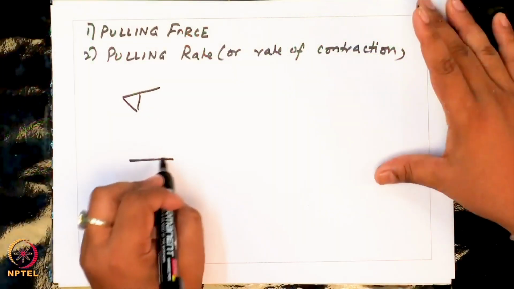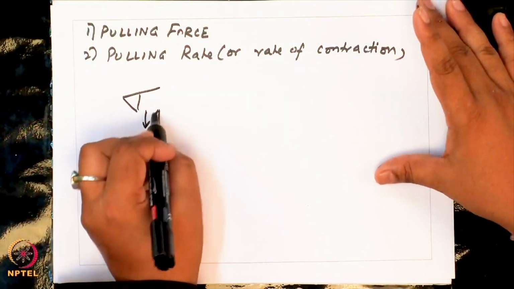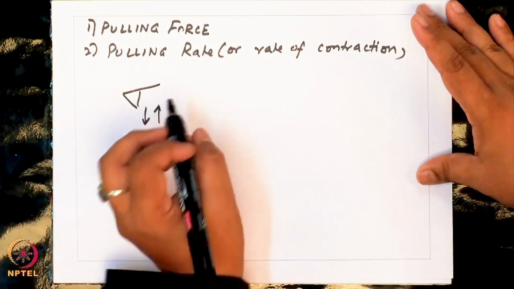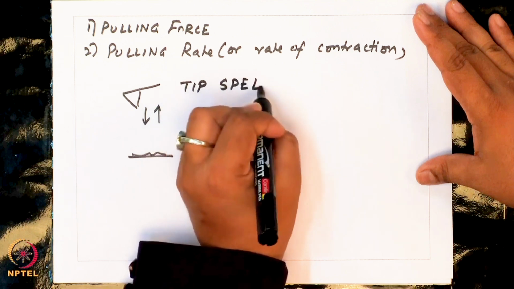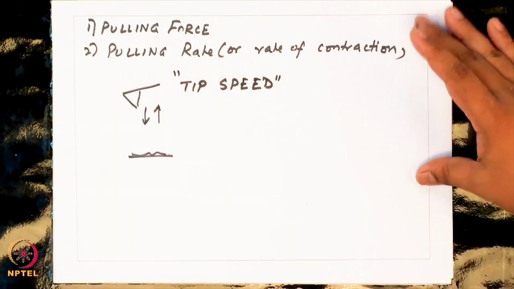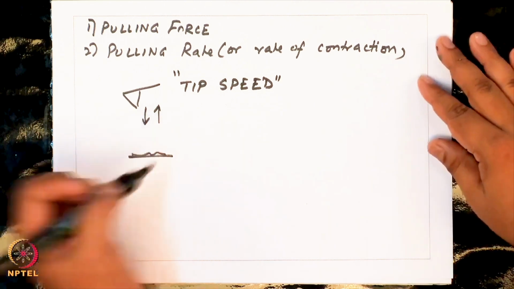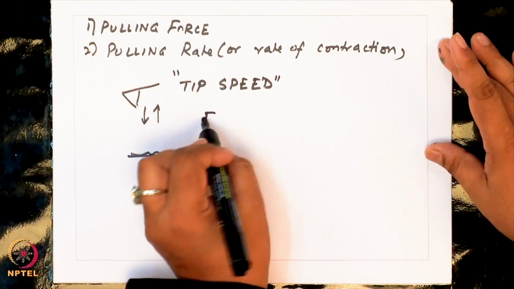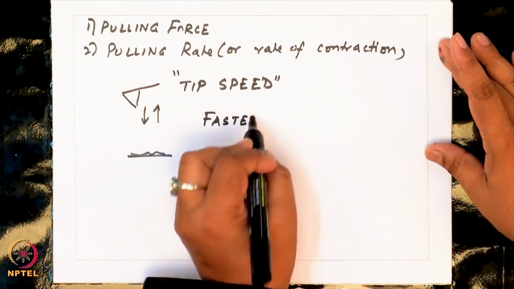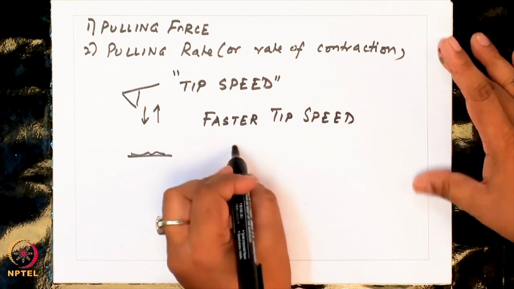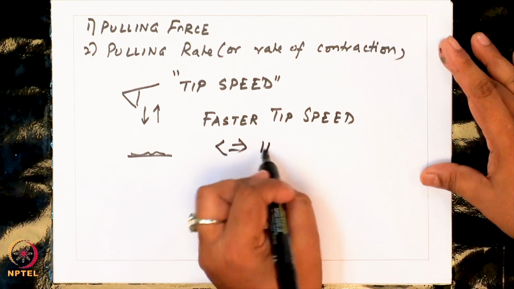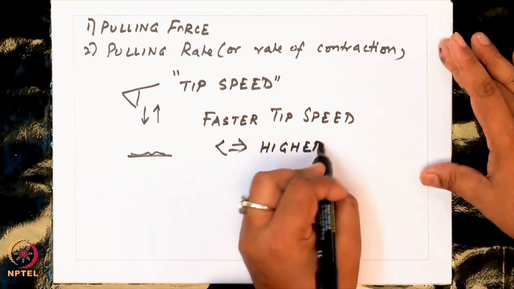So, one way of designing that experiment would be, you have your protein, and what you change is the rate of pulling or the tip speed. So, if you change the tip speed, you can simulate, so faster speed is equivalent to higher pulling rate.